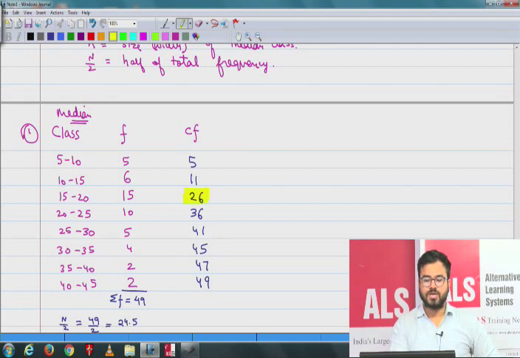So this becomes our median class, right? Because this is the cumulative frequency just greater than 24.5. So we know the answer lies between 15 and 20, that is for sure.